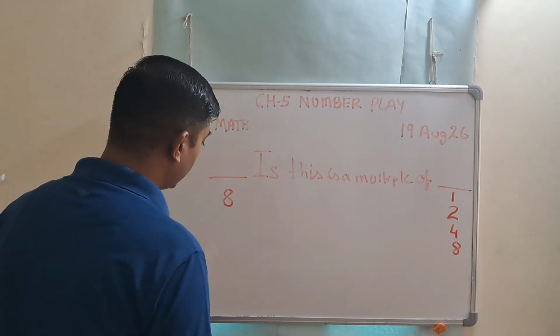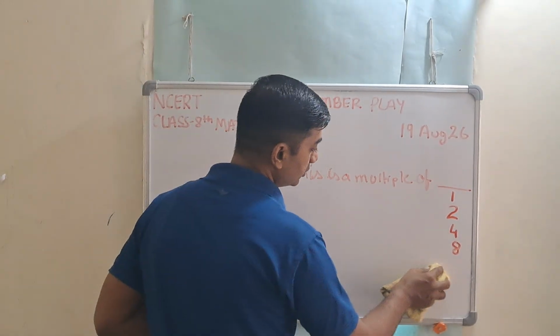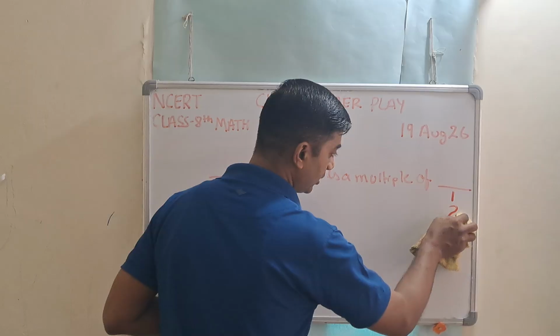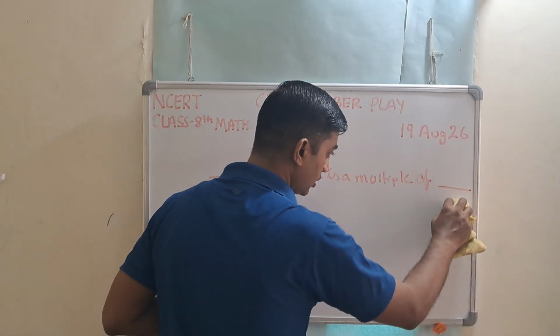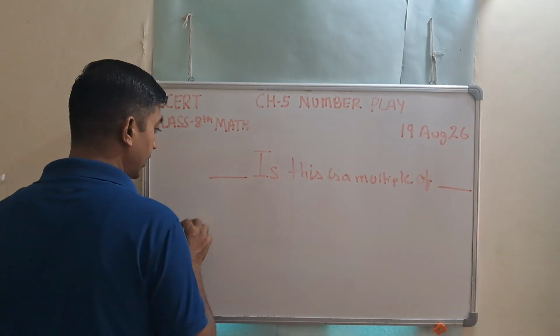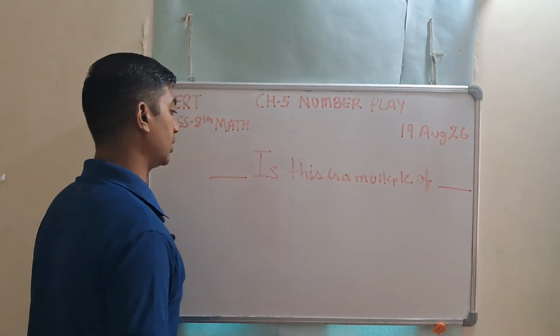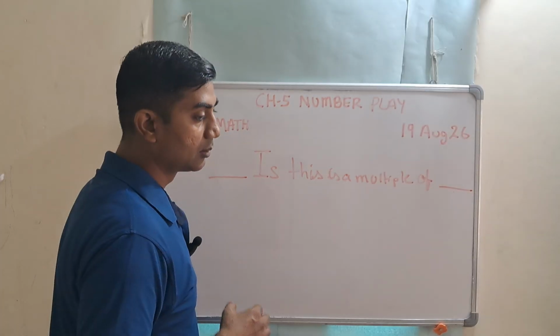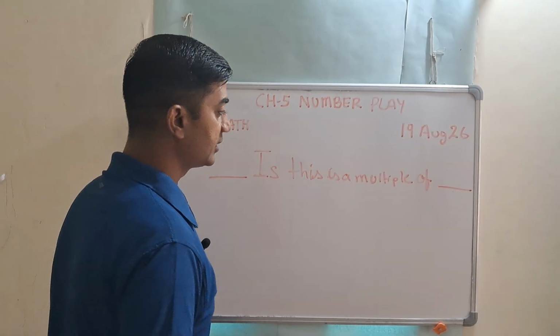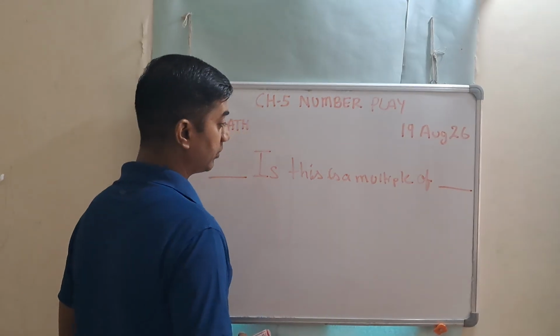See, there are infinite numbers, and to find out whether infinite numbers are multiples of infinite numbers is impossible. So we will see some particular numbers, and we will try to find out their multiples.